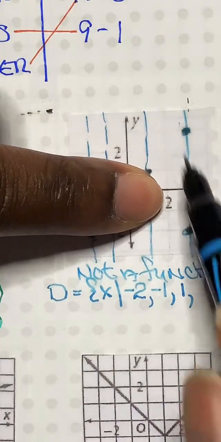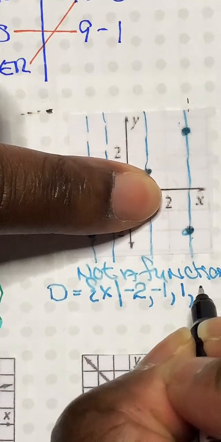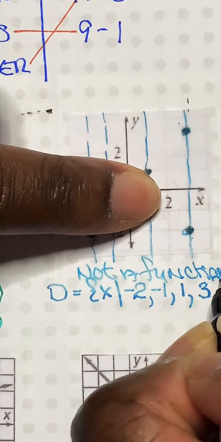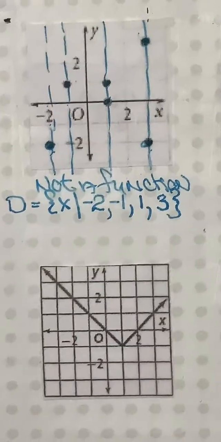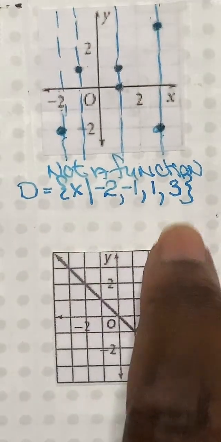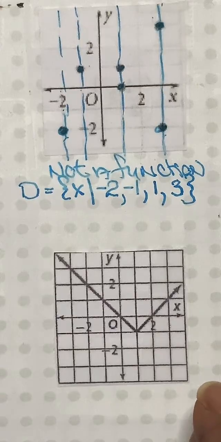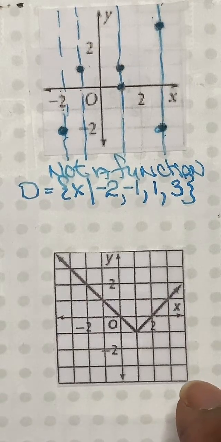And there are 2 points when the x is 3, but we only have to write it down one time. So that will be your domain. Your domain is the list of your x's. Okay, makes sense?